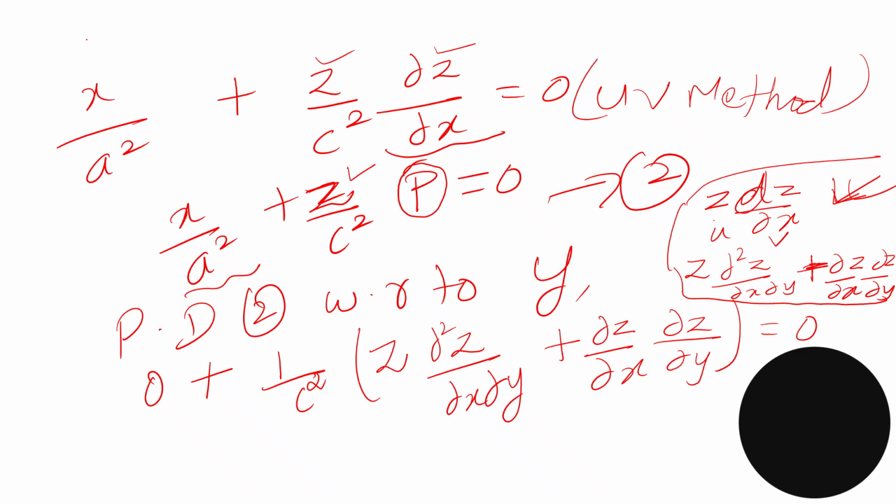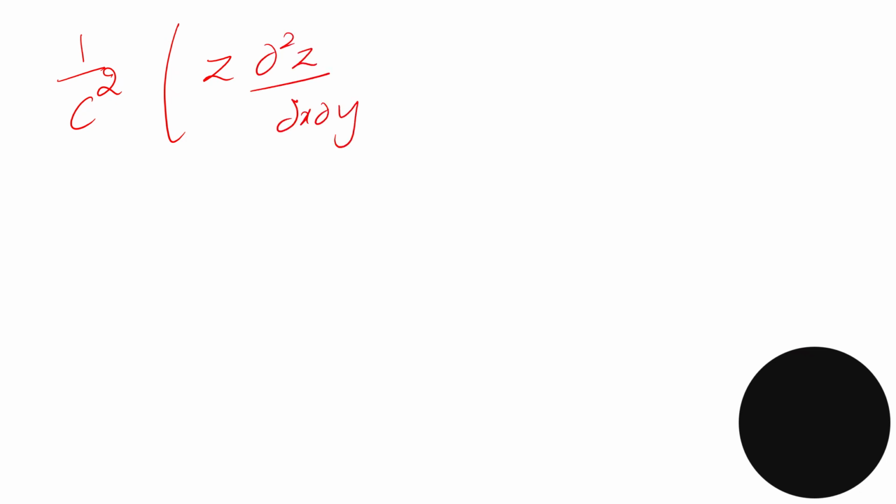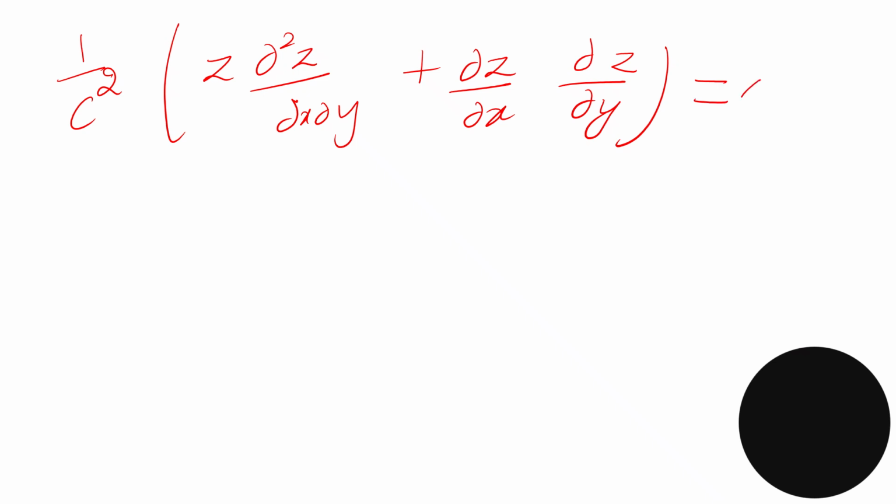Now simplify. I'm writing it clearly on the next slide. The differentiation gives (1/c²)(z ∂²z/∂x∂y + ∂z/∂x ∂z/∂y) = 0.